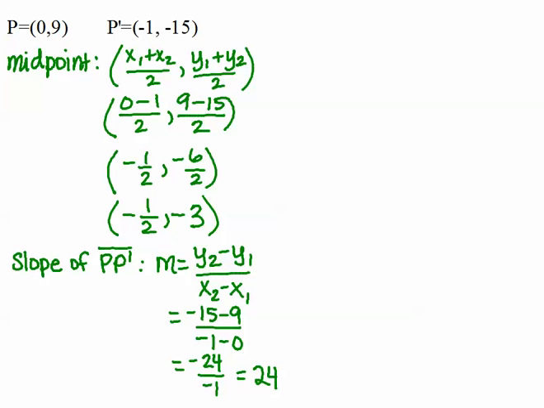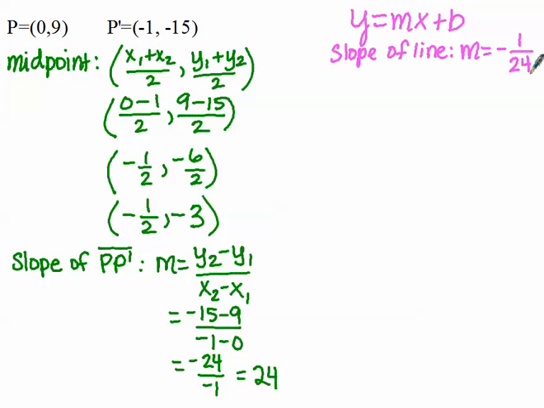Now onto our line of reflection. y equals mx plus b. So the slope of the line, remember, is the opposite reciprocal of the 24 that we got here. Opposite makes it negative, reciprocal 1 over 24. Our x, y point is that midpoint.